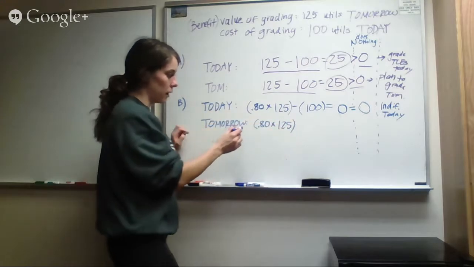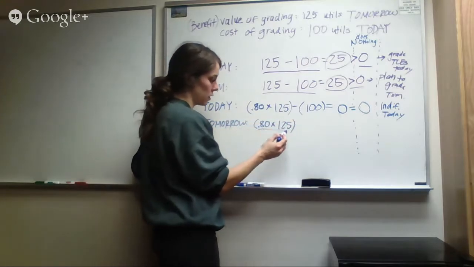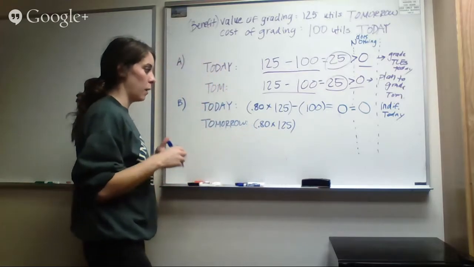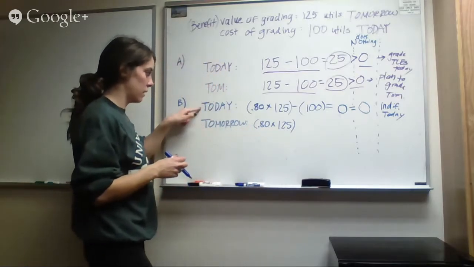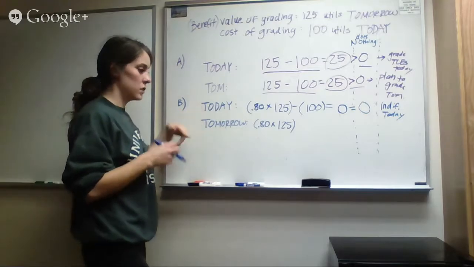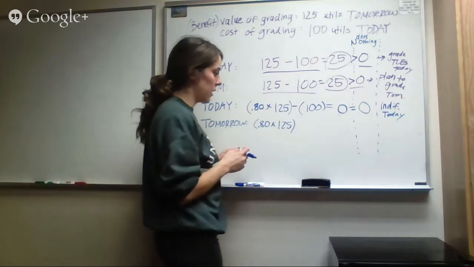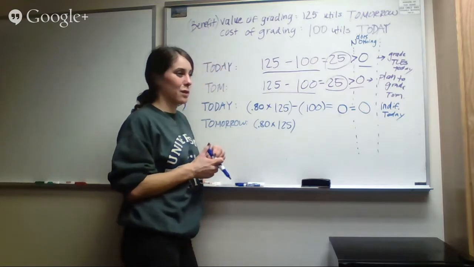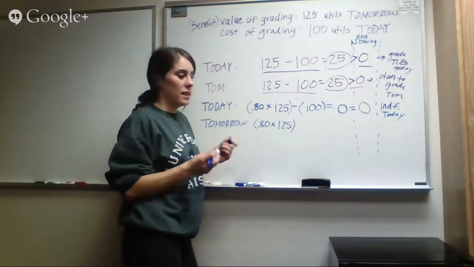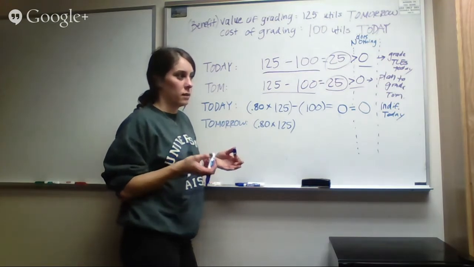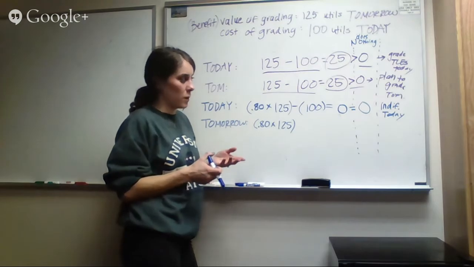So here, this is something that happens in the future. He receives this benefit tomorrow. So rather than doing his grading today, he's looking forward and saying, okay, I'm supposed to get 125 utils out of this, but in the present it only really feels like I care about those a little bit less.